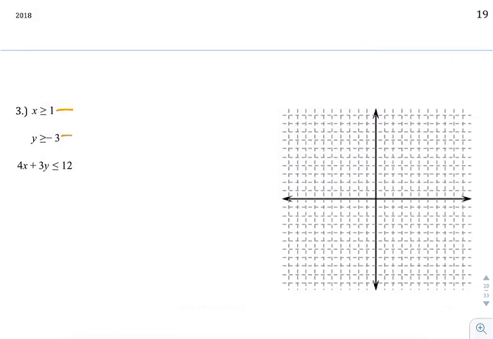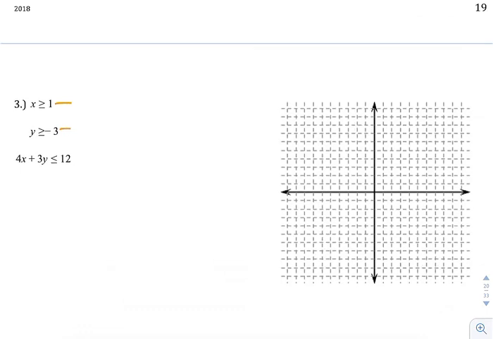We have to remember how to graph those weird horizontal or vertical lines without slopes, but we can do that. So let's do that first. For x is greater than or equal to 1, remember if it's x values, it needs to be all the x values to the left or x values to the right of 1. In this case, since it's greater, they're going to be to the right, but your line has to go through that variable.